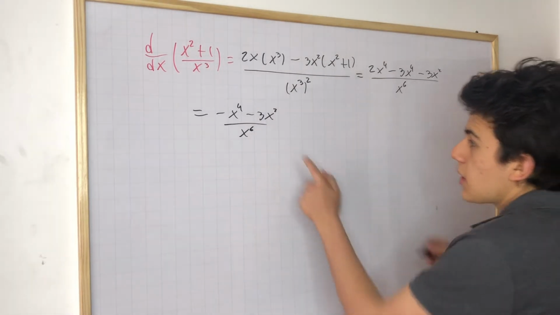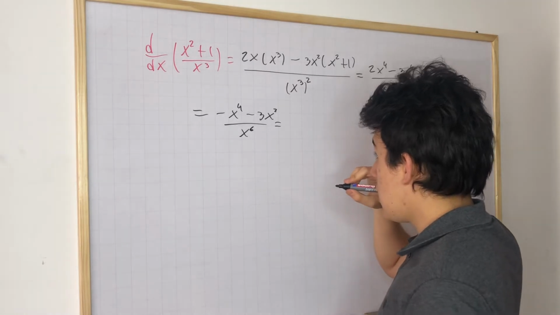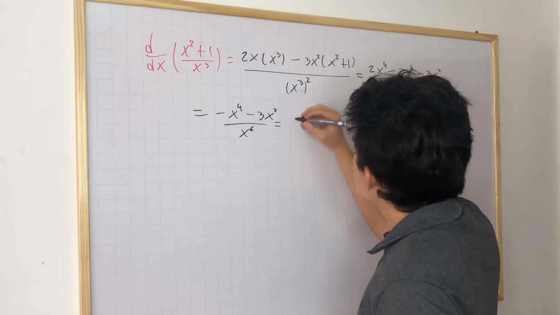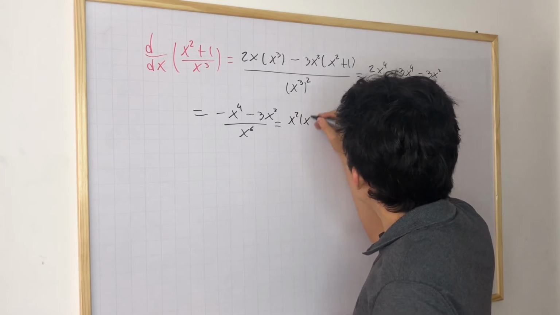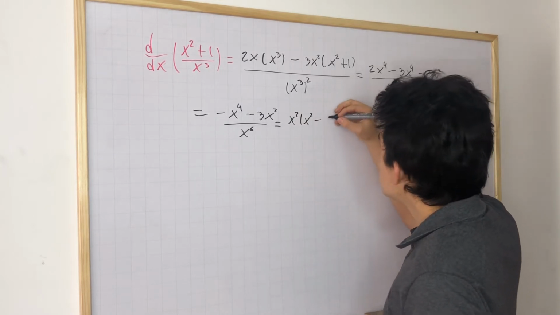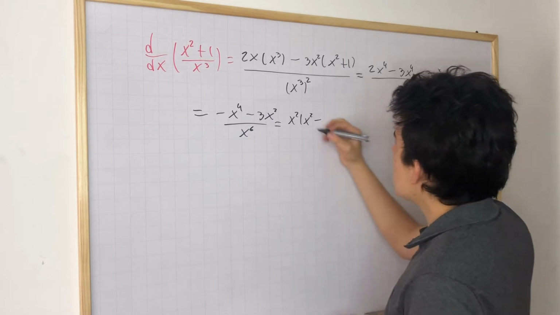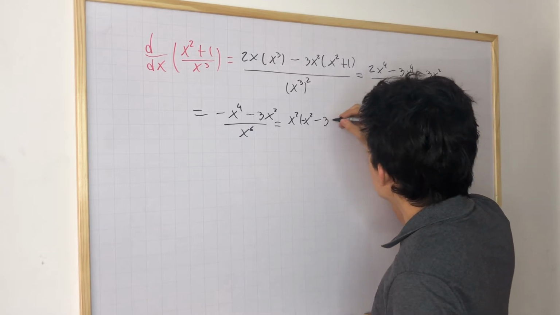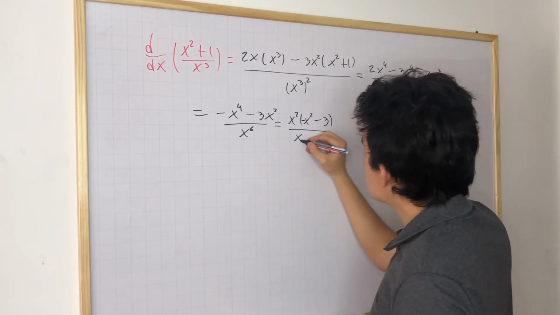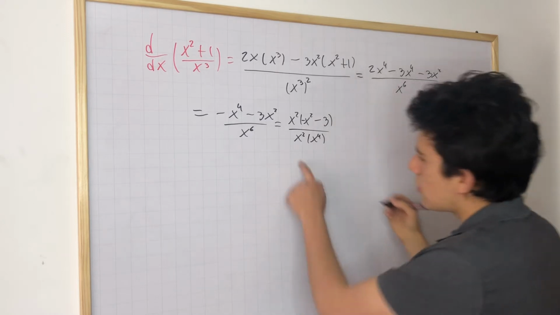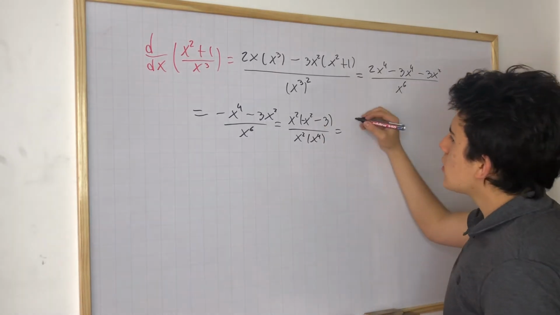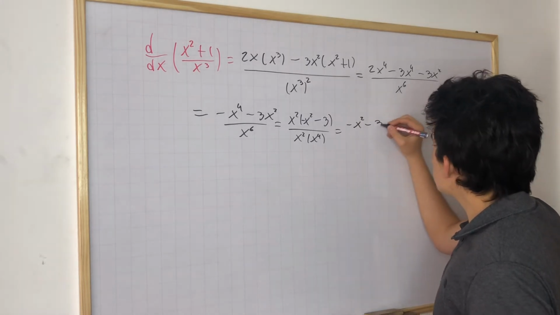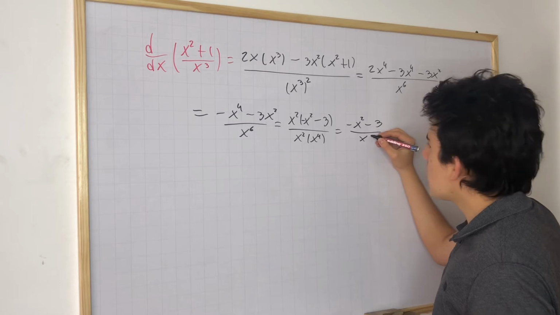Yep. And now we can simplify this. Let's see. So we can take out from all of these just x squared. So x squared times negative x squared minus 3, and all of these over x squared times x to the fourth power, and we're just gonna get negative x squared minus 3 over x to the fourth power.